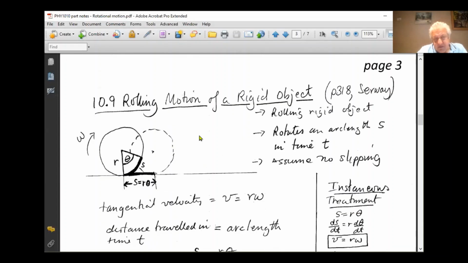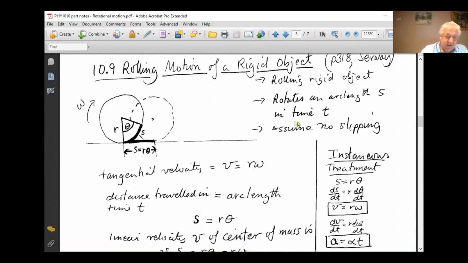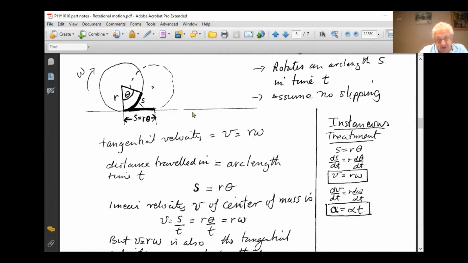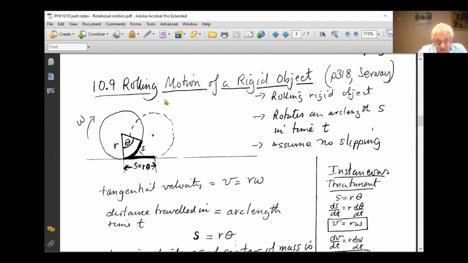Now I'm going to do this with you because it arises in certain problems, and so it's useful for you to have an idea of some of the features of rolling motion. Let me first show you my notes so you can look at them yourselves later, but I'll do this on the whiteboard again.